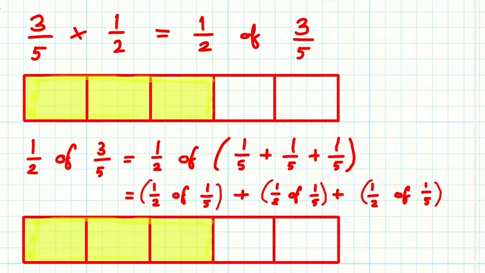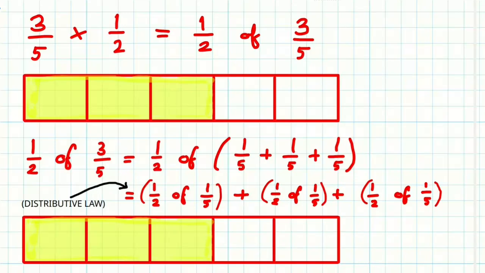We could add a fifth plus a fifth plus a fifth and then multiply by a half, or we could multiply each fifth by half first and then add them together.